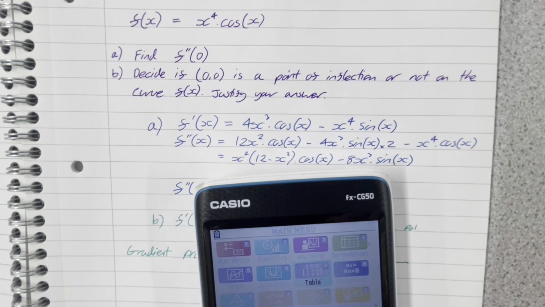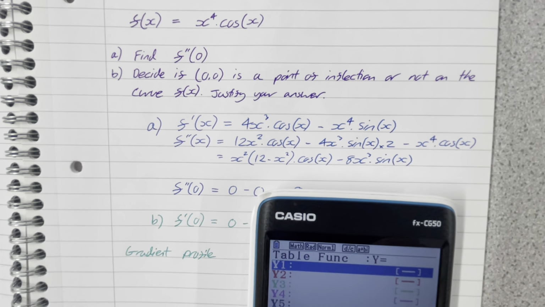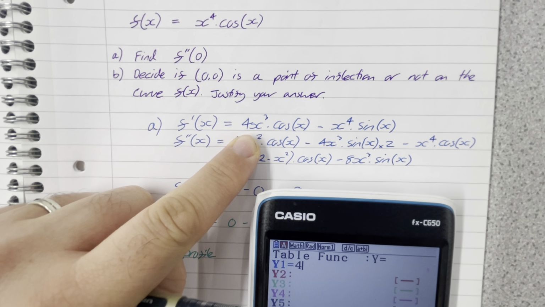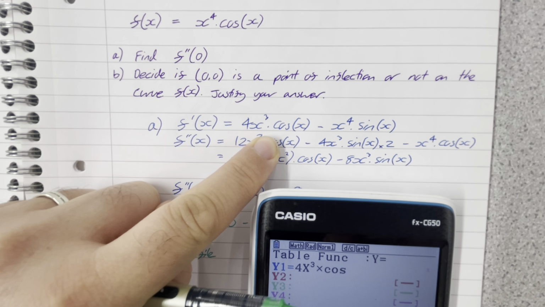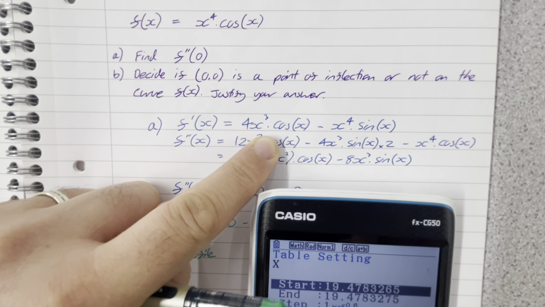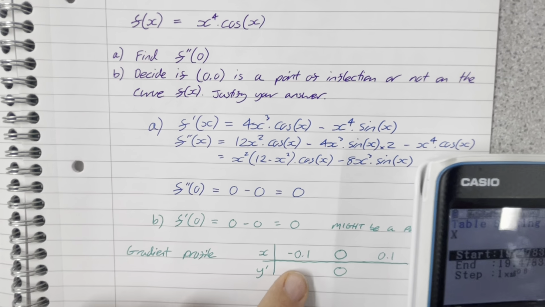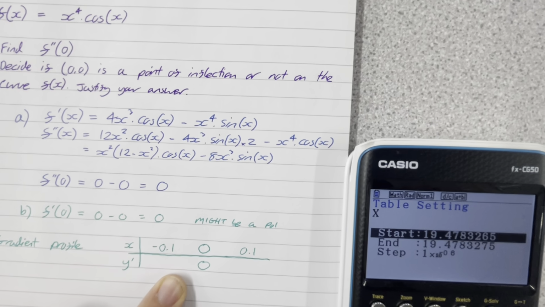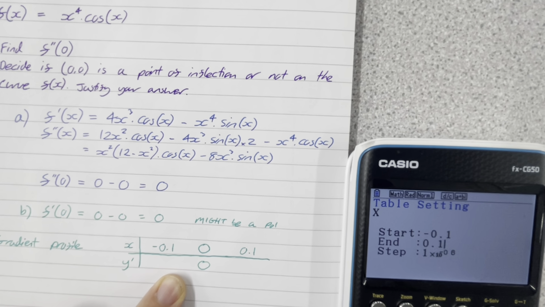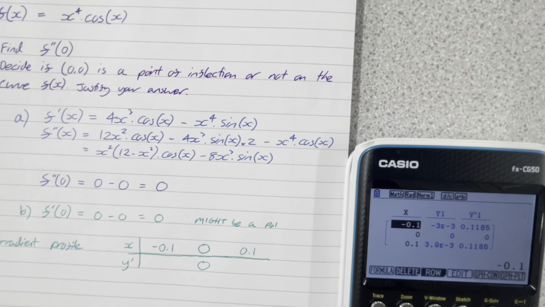So the best way to do this is to jump into table mode. I type in my function, which is 4x cubed times cosine of x minus x to the power 4 times the sine of x, and I want to set it between minus 0.1 to 0.1, and I'll go in steps of 0.1, could go in steps of 0.2, but it doesn't matter.